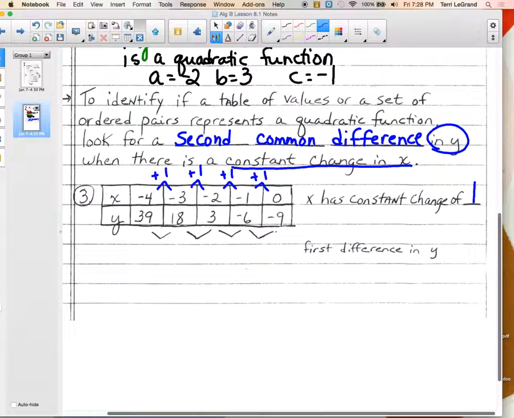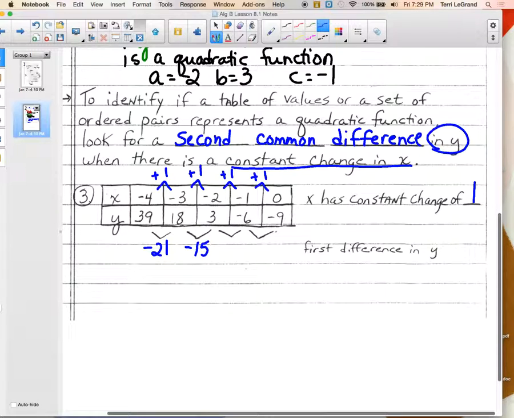Well, the first time that we check to see what's happening in the y's, that's called the first difference. So to get from 39 to 18, what do we have to do? 39 take away 18, or in other words, it went down, and it went down 21. To go from 18 to 3, what happens? We go down, and we go down 15.